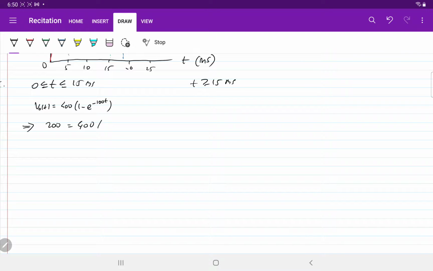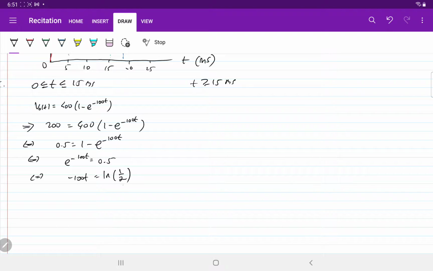So 400 times (1 minus e to the power minus 100t). 200 over 400 gives 0.5 equals 1 minus e to the power of minus 100t. So e to the power minus 100t is 0.5, or minus 100t is the natural logarithm of 1/2.